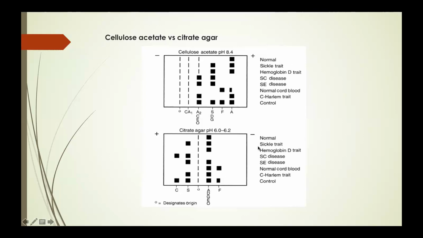So, for example, let's consider sickle cell trait. We have talked about hemoglobin S and A. First of all, we understand that in sickle cell trait, we have hemoglobin A and we also have hemoglobin S. When you want to separate hemoglobin S from the other hemoglobins, you have to run citrate agar, and you can see that hemoglobin S has migrated alone.